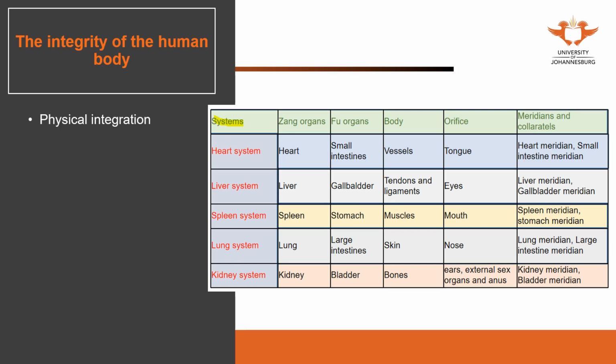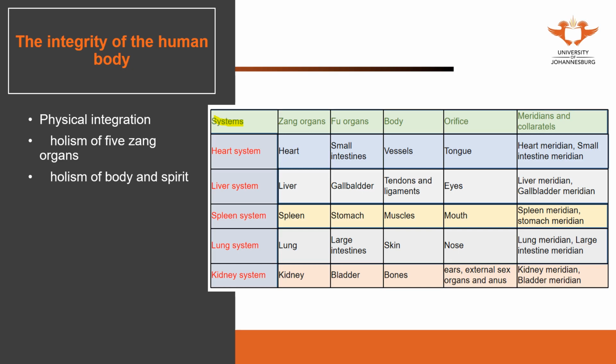So here, although we use integrated, we actually include integration in the definition. The first is the physical integration, the holism of 5 Zhang organs. This means that the 5 Zhang organs, if you know when we discuss the Zhang Fu theories, what does Zhang organs mean? So here you don't need to understand why, you don't need to focus on why we call them Zhang organs.